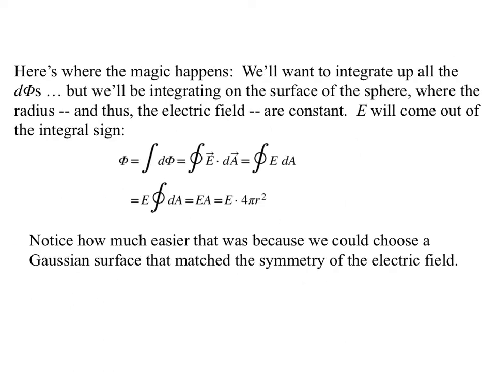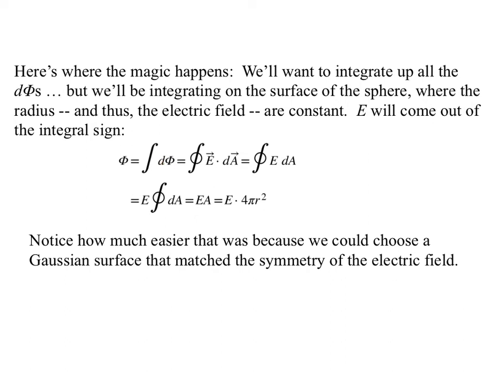All right, here's the magic. We'll want to integrate all of the little d phi's, but we'll integrate on the surface of the sphere where the radius is constant, and the electric field is a function of the radius. So the electric field is also constant on the surface of that Gaussian sphere. That means that we can take E outside of the integral sign. Right?